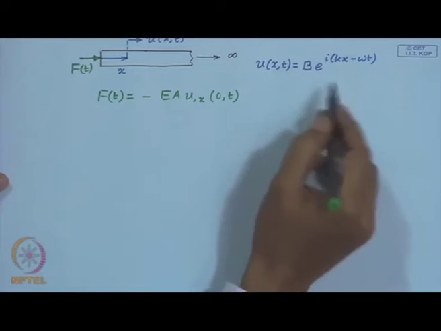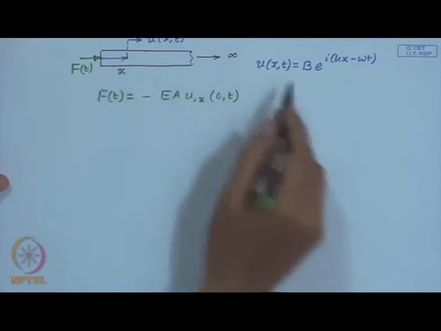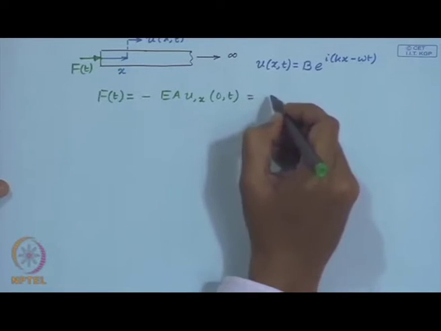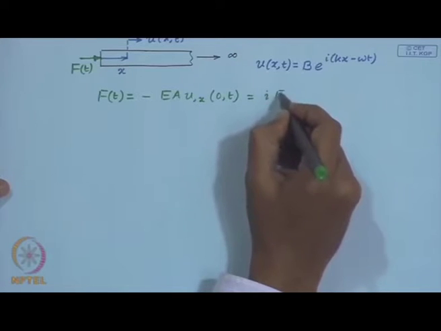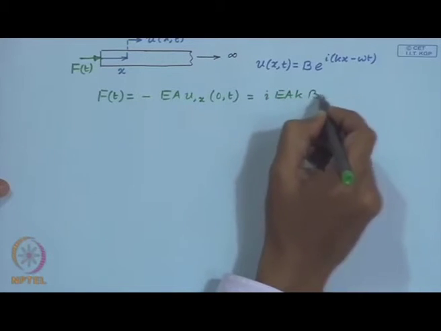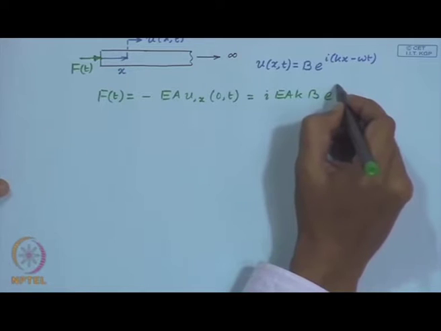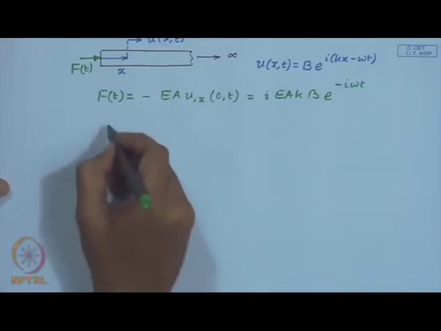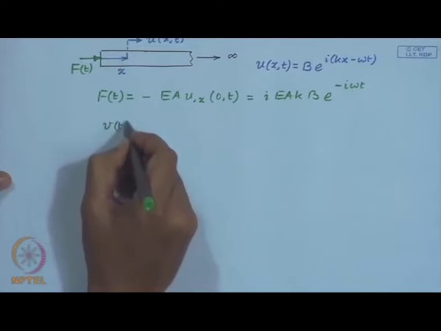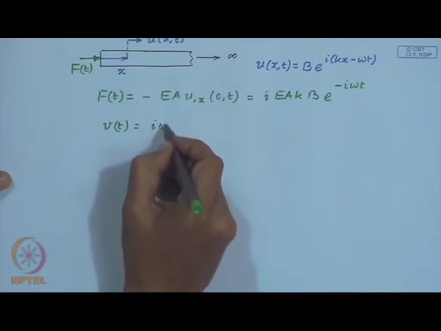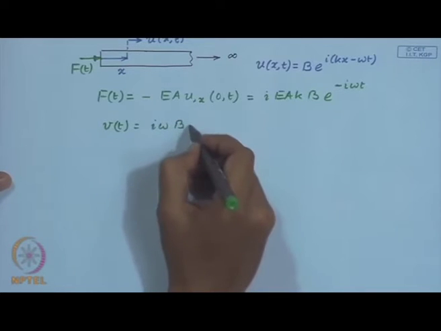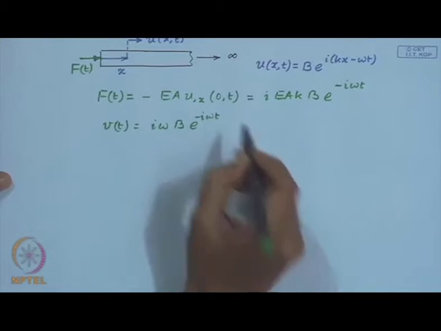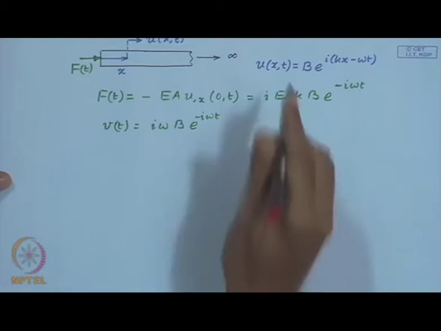So you have positive travelling harmonic waves in the bar, and this turns out to be, putting x equal to 0, and similarly you can write the velocity once again.